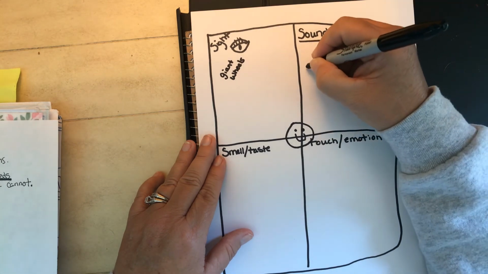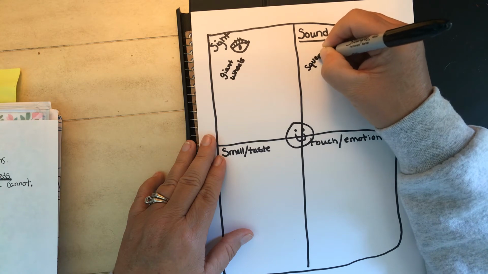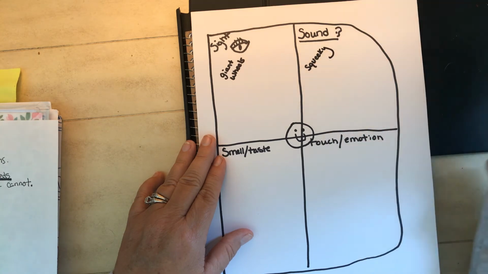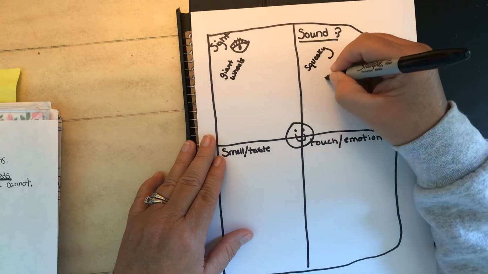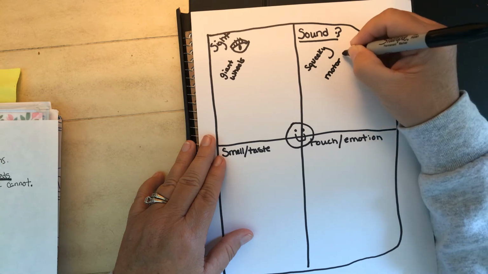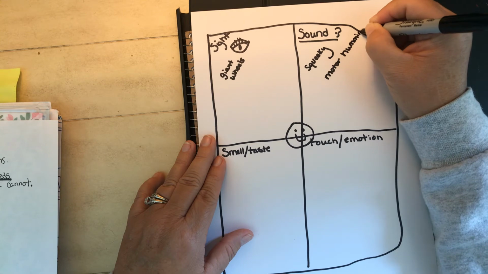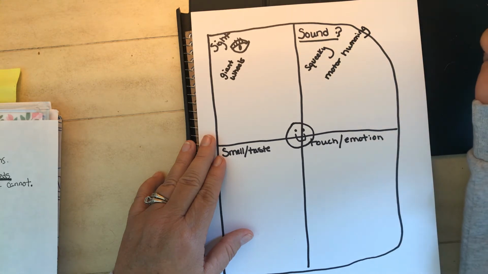Ooh, I think my wheels are kind of squeaky. I think I might hear the motor running. Ooh, and instead of running, I'm going to say humming. I like that better for word choice. So these are where all those super great creative words come in.